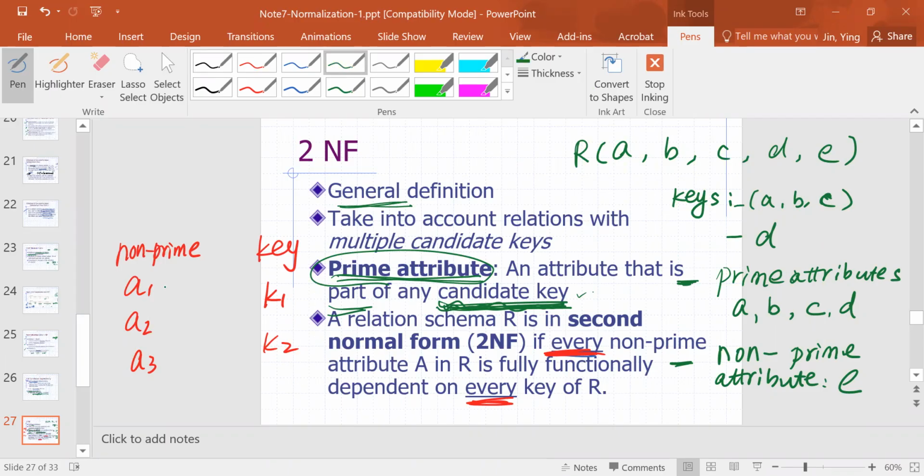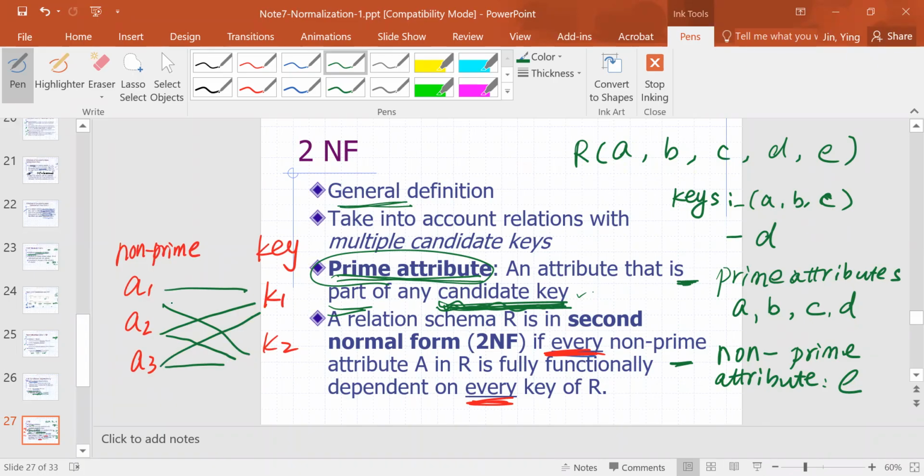So you can see A must be fully functionally dependent on K1, A must be fully functionally dependent on K2, and A2 must be fully functionally dependent on K1 and also on K2. A3 must be fully dependent on K1 and also fully on K2, right?